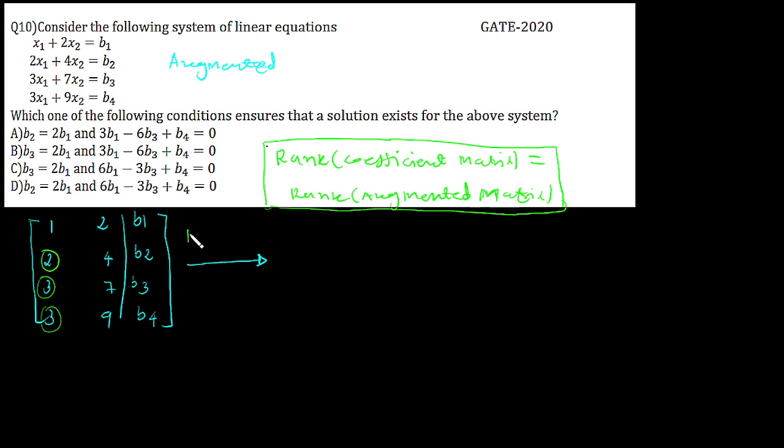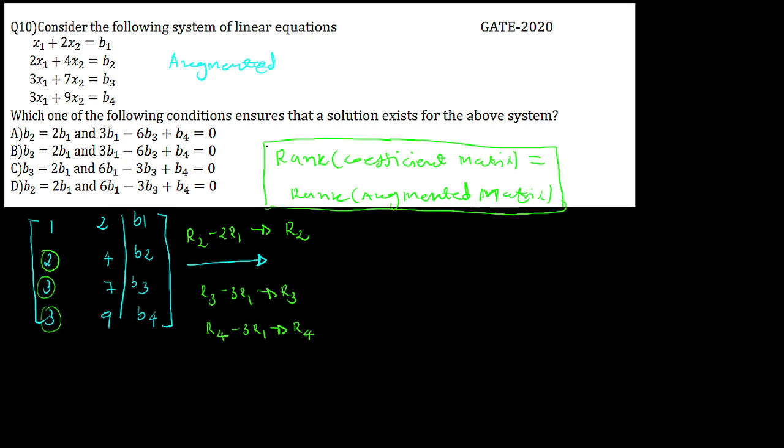So now simply I can say if I subtract 2 times the first row from this second row, then this entry will be 0 and it will give me new R2. In the same way, if I subtract 3 times the first row from this third row, and in the same way 3 times R1, it will give me new row 4.